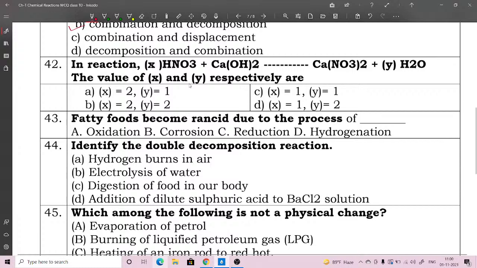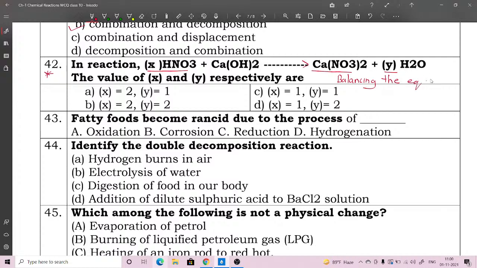Let us move on to question number 42. In the reaction X HNO3 plus Ca(OH)2 gives you calcium nitrate plus Y water molecules. Again, this one is a very common question of balancing the given reaction or balancing the equation.